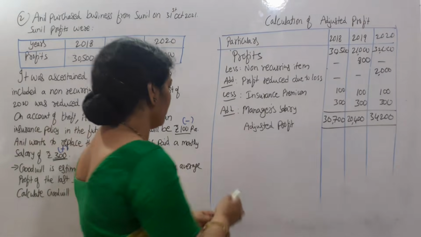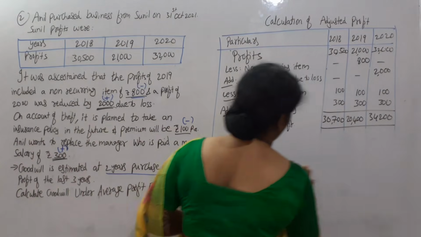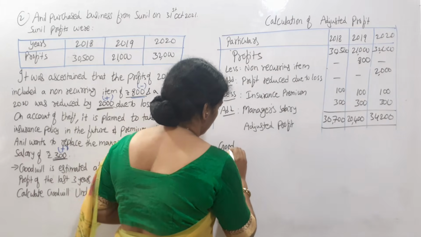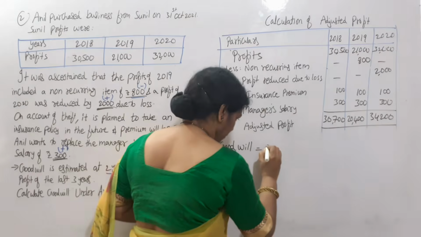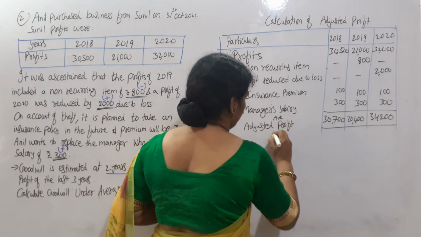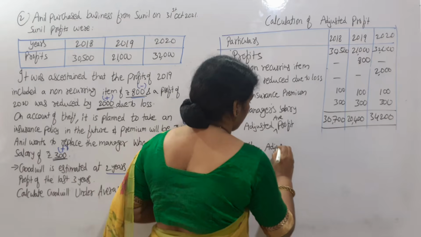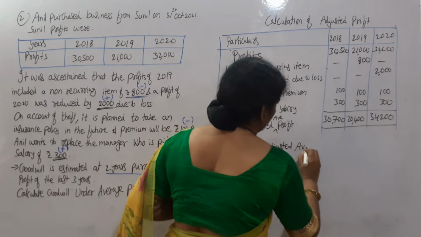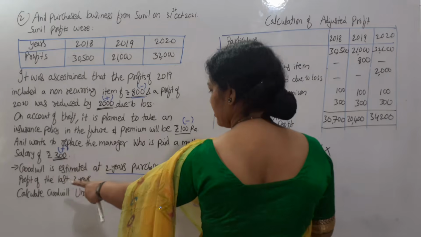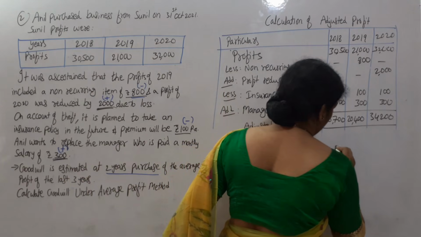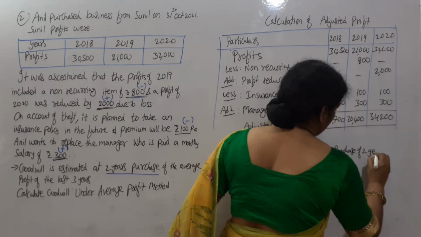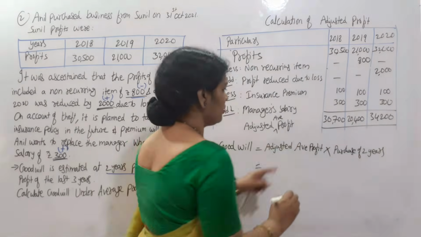Simply apply the formula. Goodwill is equal to adjusted average profit into 2 years' purchase.